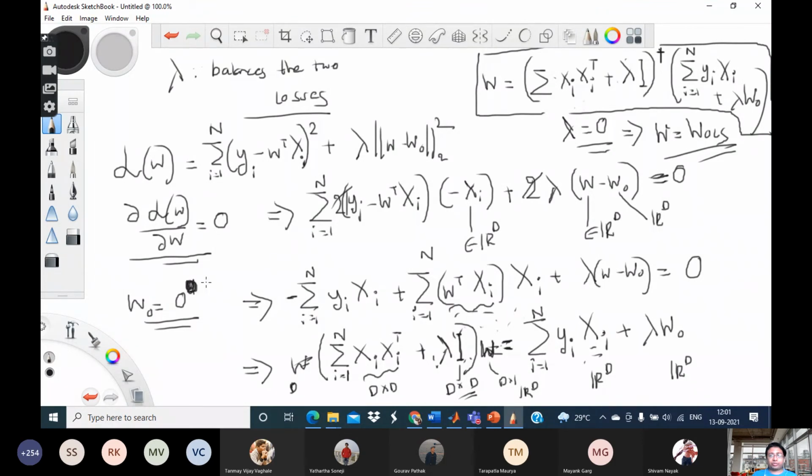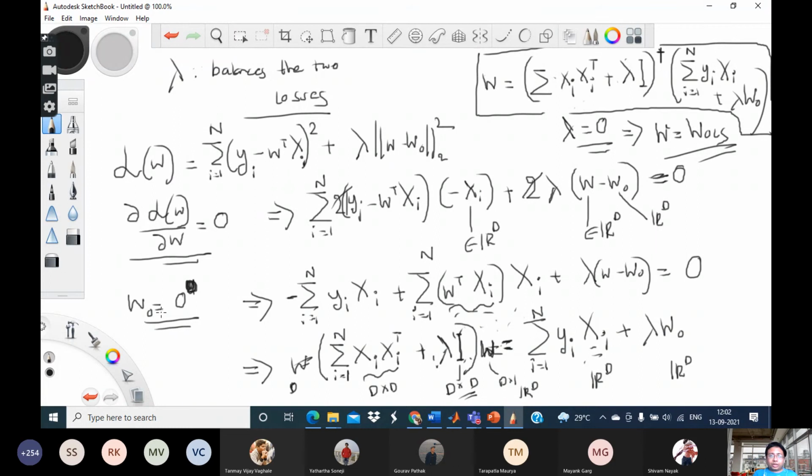So in that case, what happens to this expression? Instead of W naught, I will just get 0. So this part will just go away. So what I will get is just this part, the pseudo-inverse part, except this, right?